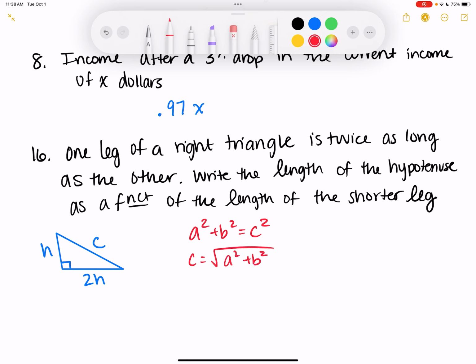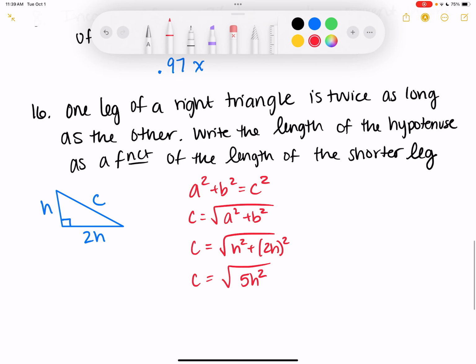It doesn't matter which one I call a and which I call b. c is equal to the square root of h squared plus 2h squared, which gives me the square root of h squared plus 4h squared, so that's 5h squared. Something in there is being squared, so I can take it out. So c equals h times the square root of 5. That would be the hypotenuse as a function of the shorter leg.